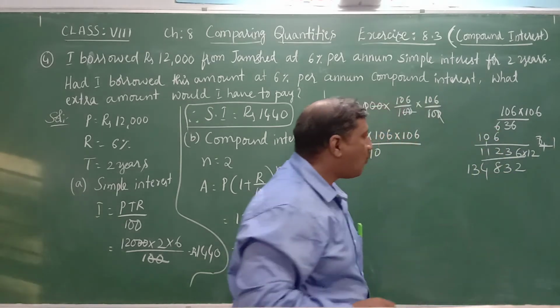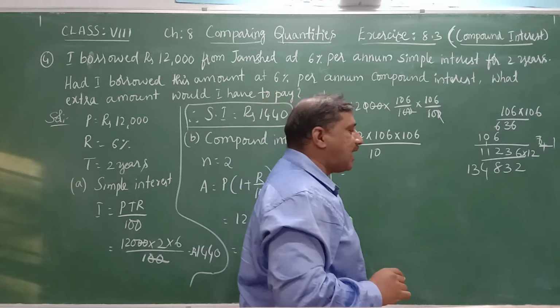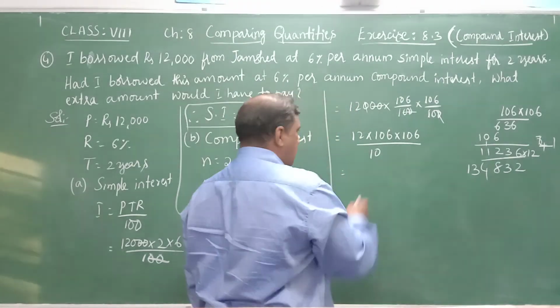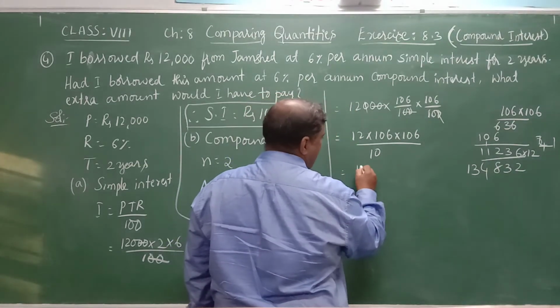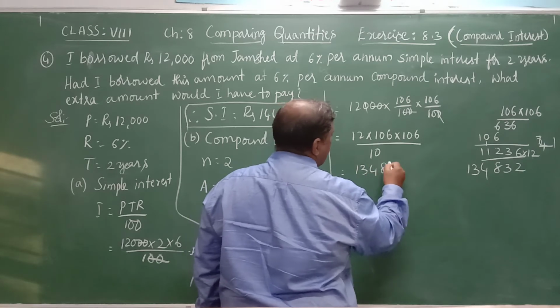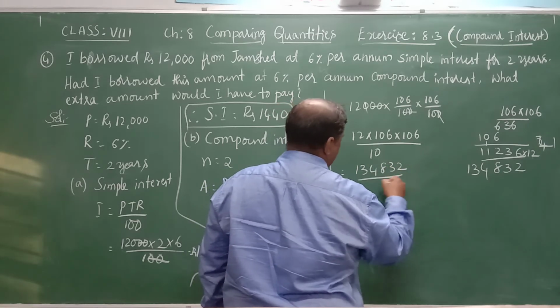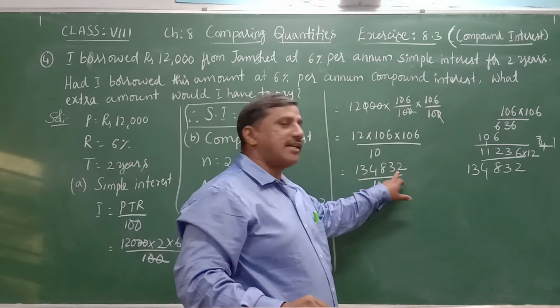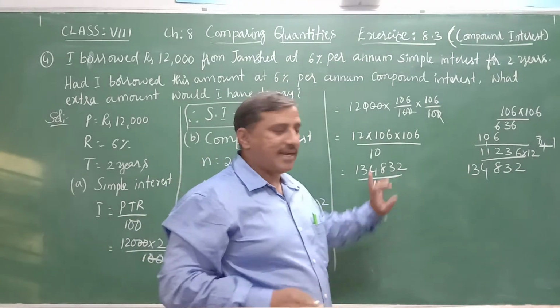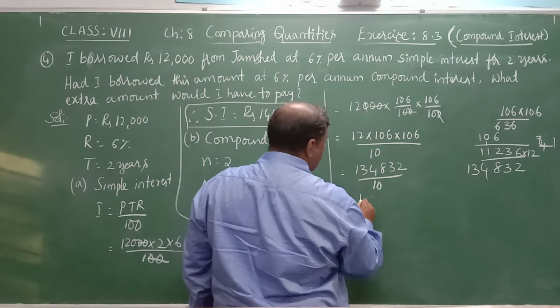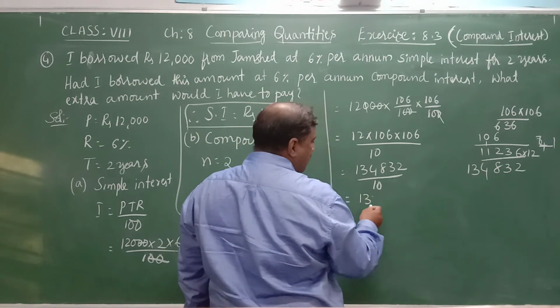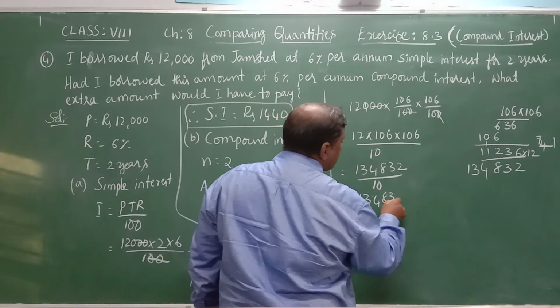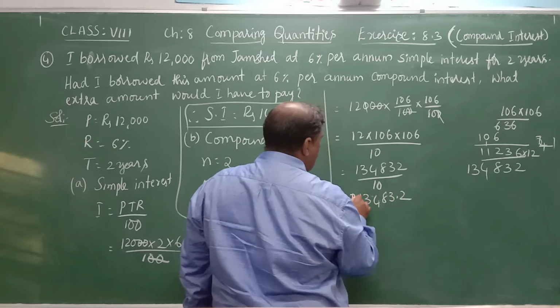How much is it? 1,34,832. Now 1,34,832 divided by 10. When you divide with 10, we get the decimal point after one digit from the right side. That equals 13,483.2 rupees.